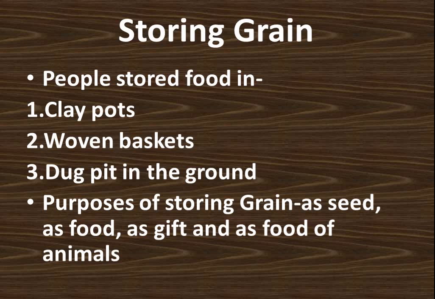They stored the grain in clay pots, pots made of mud, and woven baskets. Woven means buni hui: they took thatch or different materials and wove the baskets. Those baskets they used for storing the grain, and they even dug pits, holes in the ground, to store the grain.